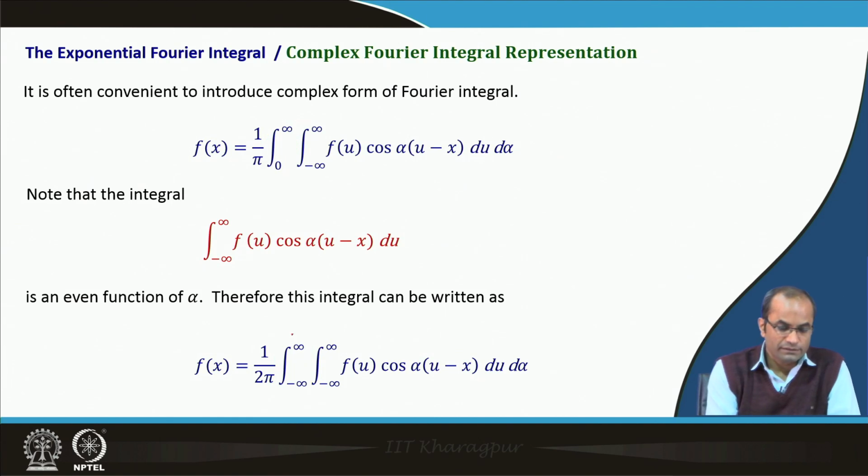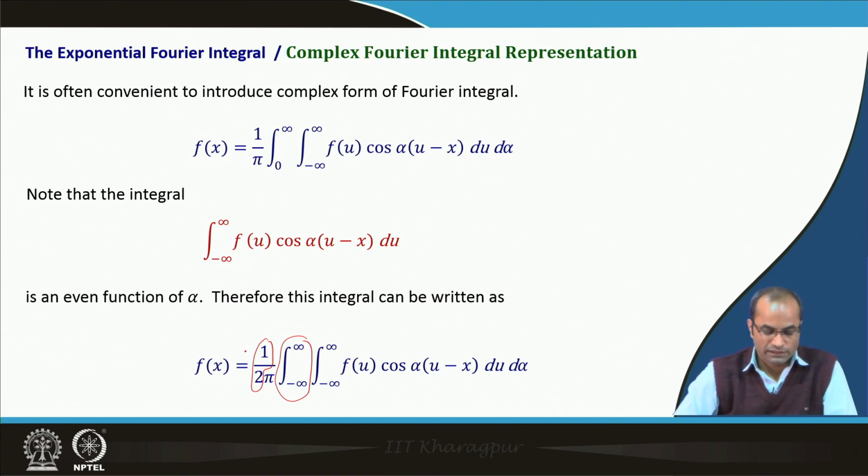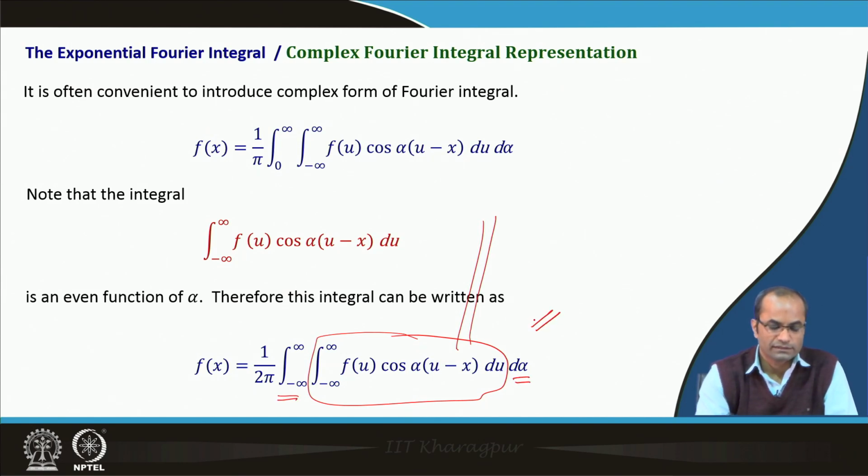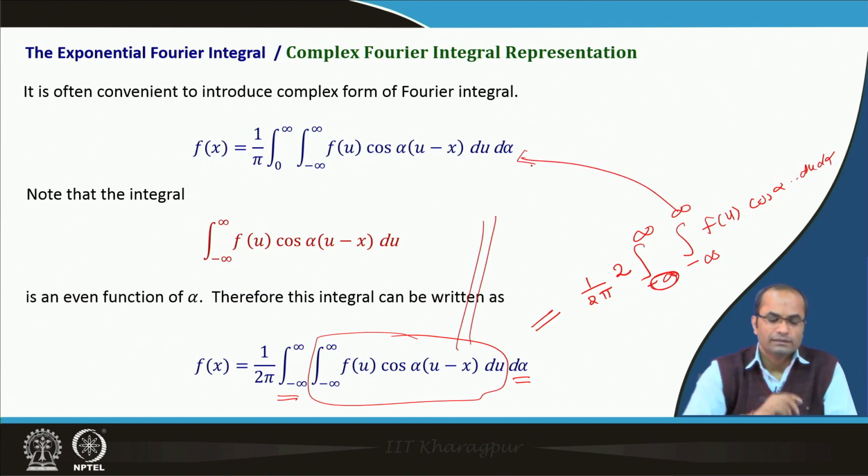To compensate for this, because we have doubled the integral, we have put 1 over 2 outside the integral. Or the other way around, since this integrand is an even function being integrated from minus infinity to plus infinity, this can be written as 1 over 2 pi times 2 times the integral from 0 to infinity, and then minus infinity to plus infinity of f(u) cos alpha(u minus x) du d alpha, which is exactly this integral.